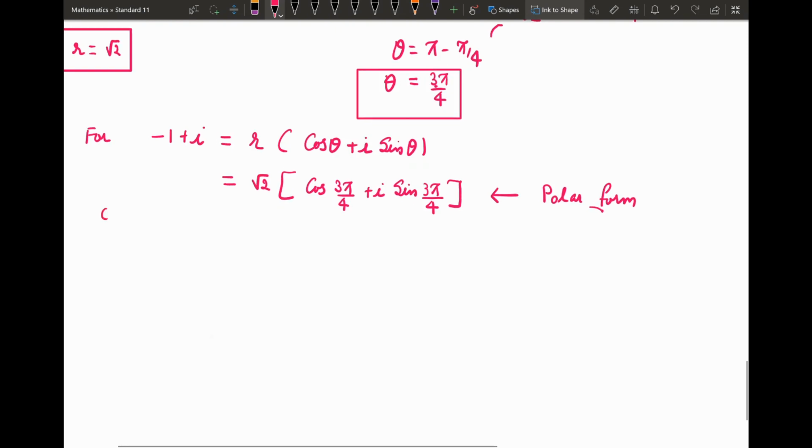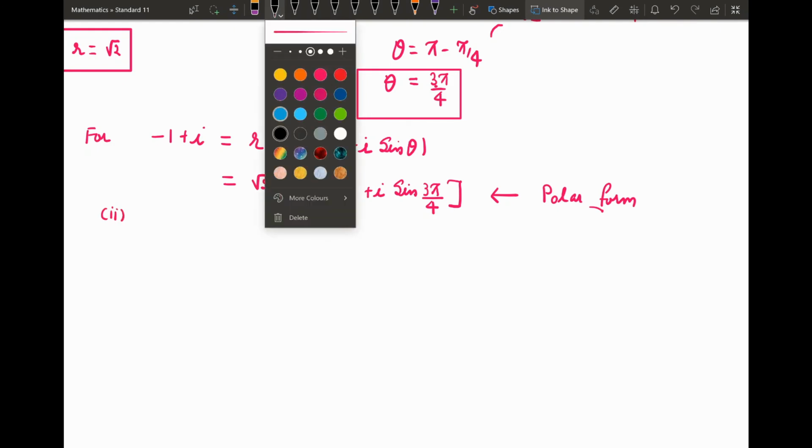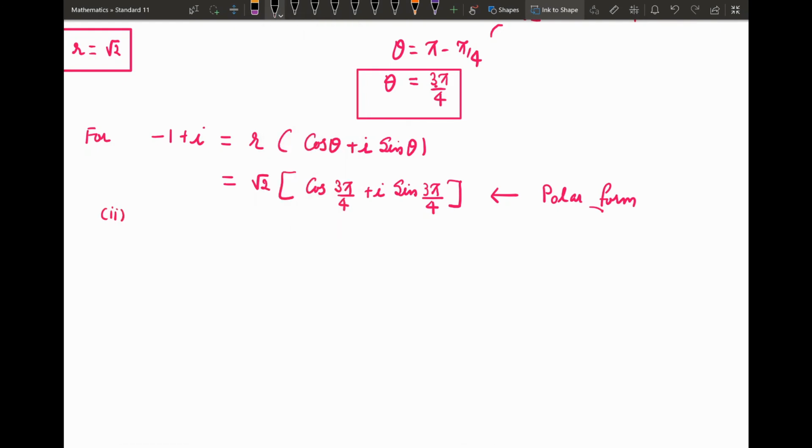Second example, find the polar form of 1 plus 3i upon 1 minus 2i.